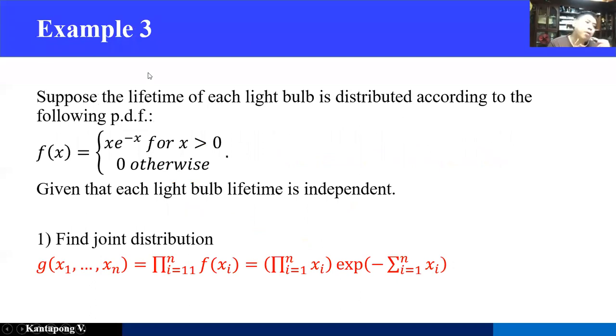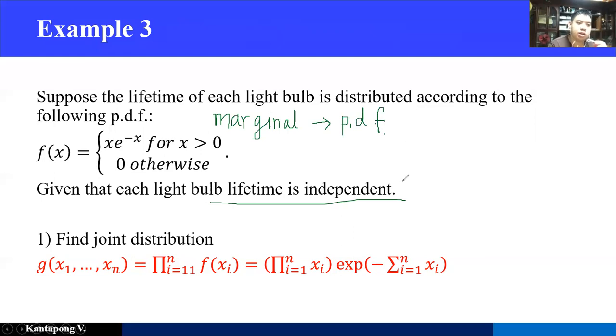So the third example: suppose the lifetime of each light bulb is distributed according to the following PDF, given that each light bulb lifetime is independent. The problem must say that it's independent so that we can reconstruct from the marginal to the PDF, which is the joint distribution. So finding the joint distribution is simply multiplying.